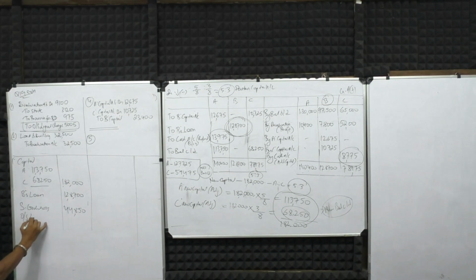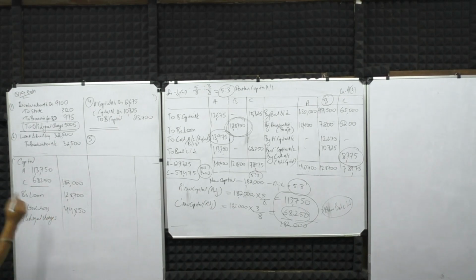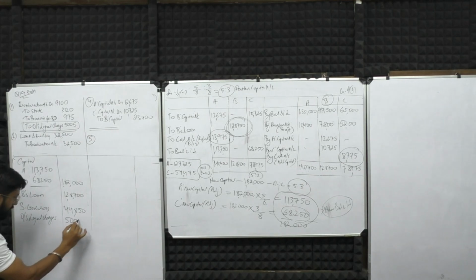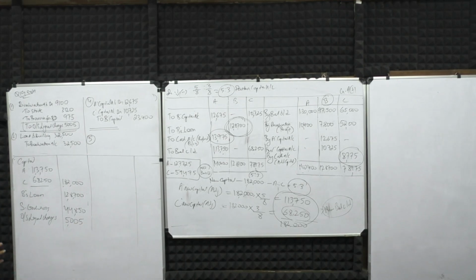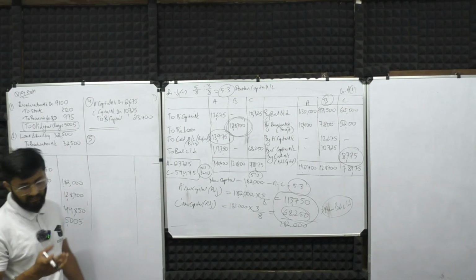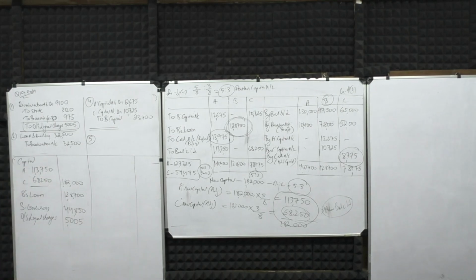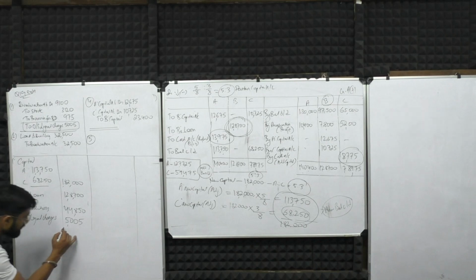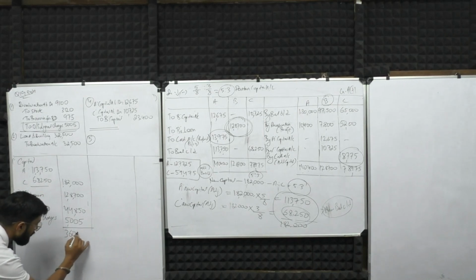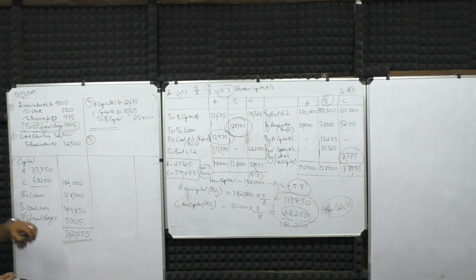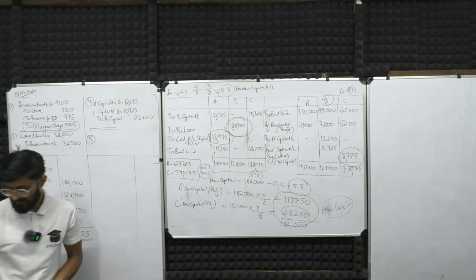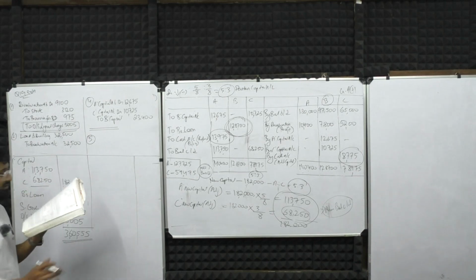Outstanding legal 5005. Entertainment. New liability, how much? 360,555. Entertainment.